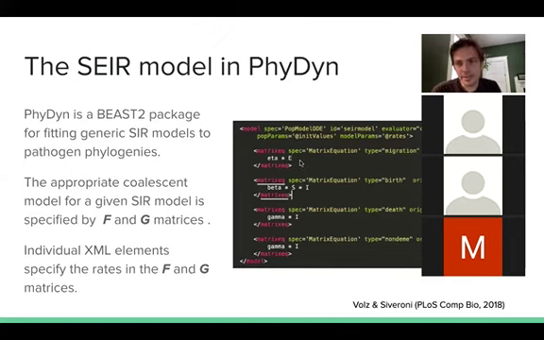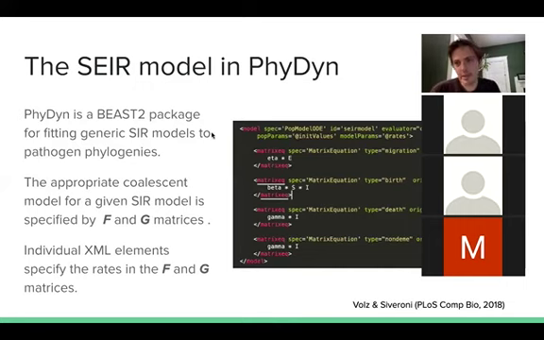So each one of these individual XML elements has basically what type of event, whether it's a migration or a birth event, and then a source and a destination of these individual events. So here we have that it's possible that an exposed individual moves to the infected compartment via incubation, which we'll assume happens at rate eta.